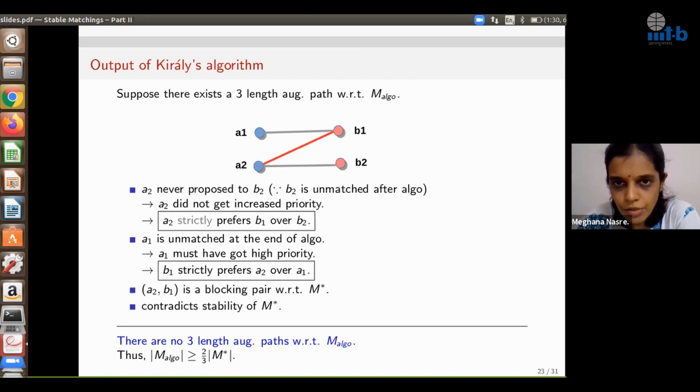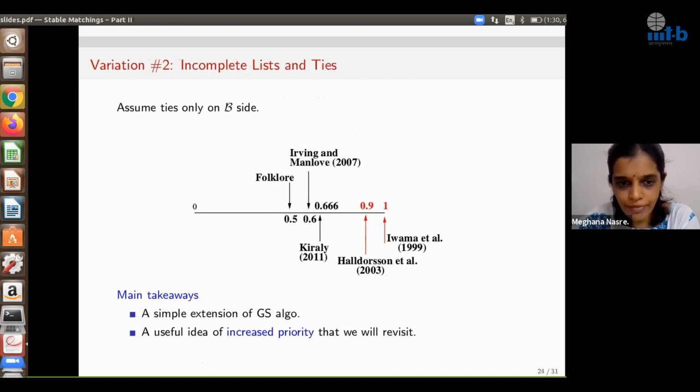Okay, so assuming that this is clear or semi-clear, I should say, we will move on to the next thing, and I just want to recap. So what we have done is we have done this Kiraya's algorithm, which is a 2/3 approximation to the maximum cardinality matching.